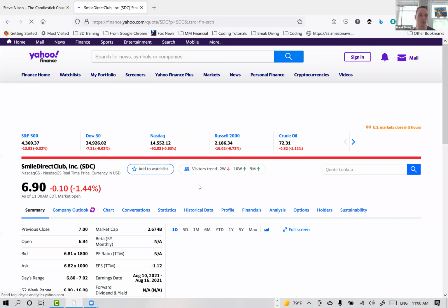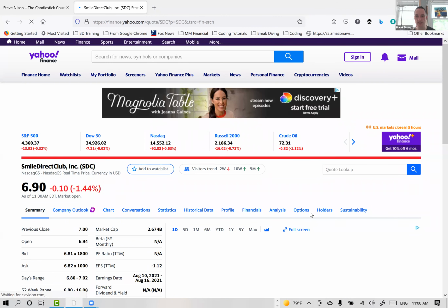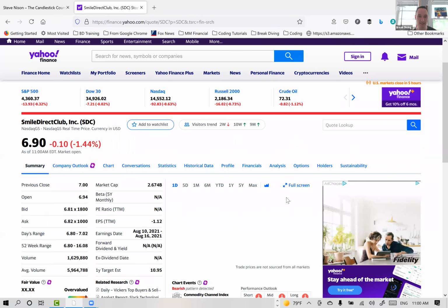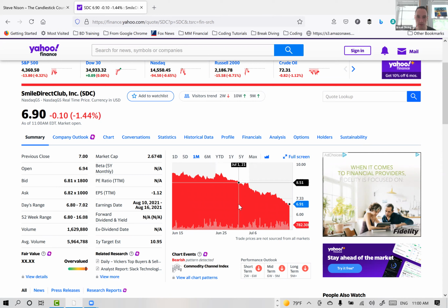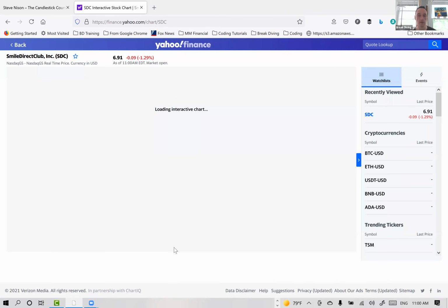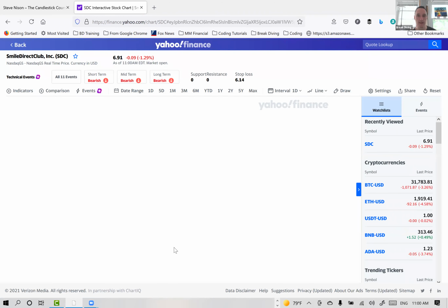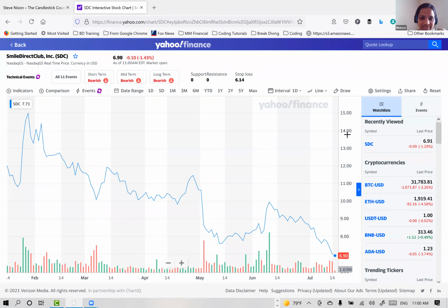Oh gosh, it's at $6.90 now. Not good. So let's look at the 1 month. We want to look at the whole chart. How do I make it full screen? Okay. And then we should do the day, I think, range one day. The first thing we need to find is the candles line there on top. Right, yeah, candle.